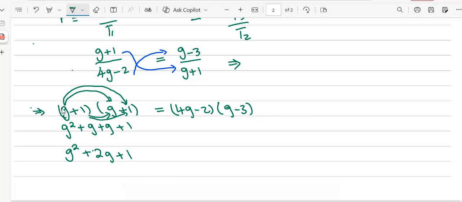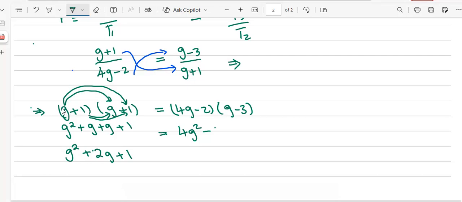It's equal to, we need to do the same on the other side. Multiplying out the bracket will give us 4g squared, 4g times negative 3 will give us negative 12g.